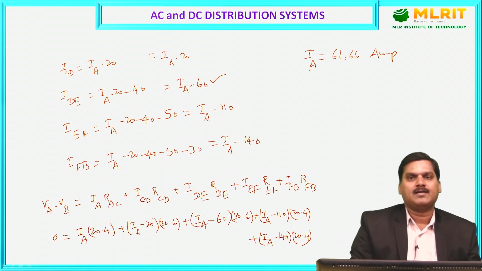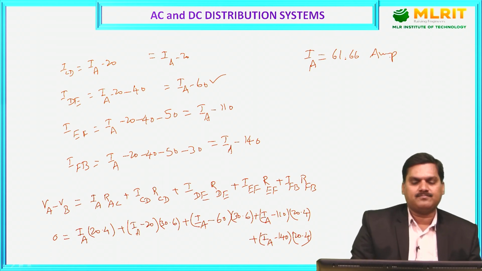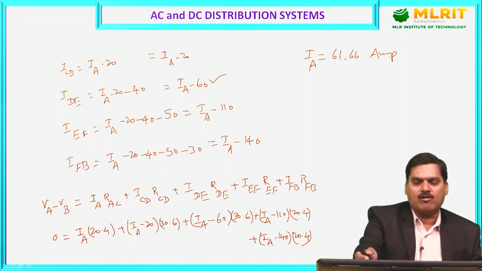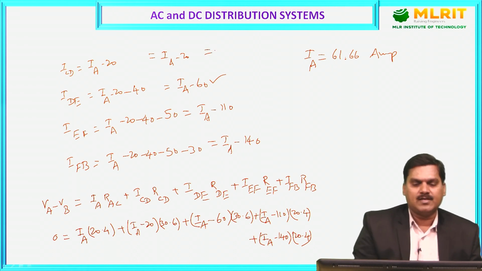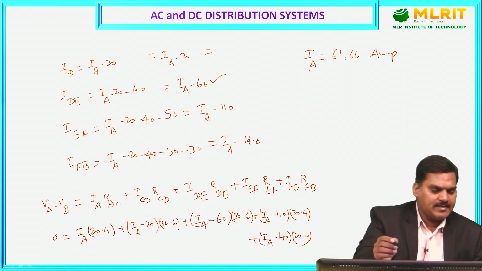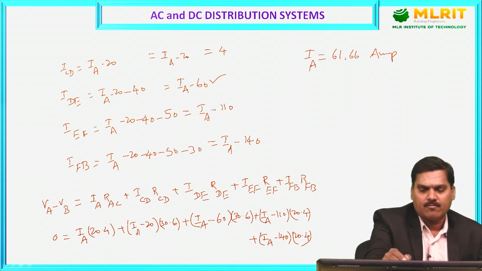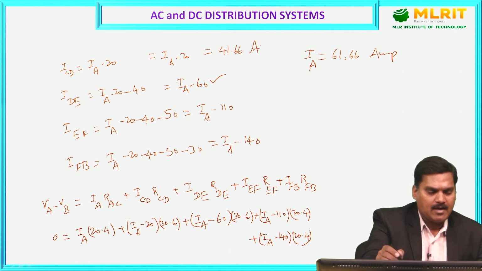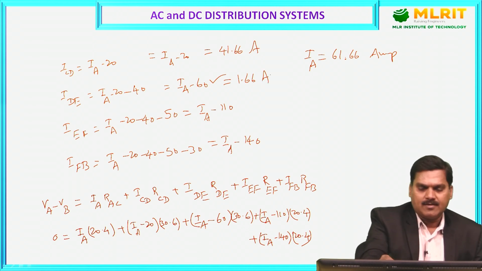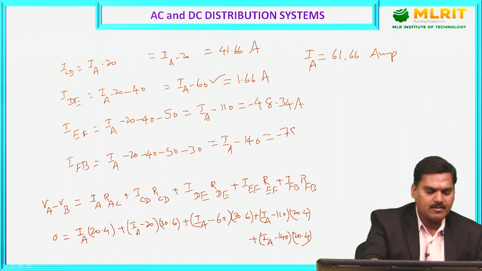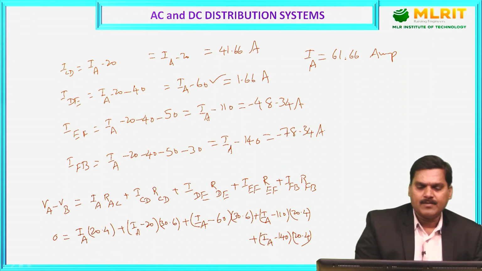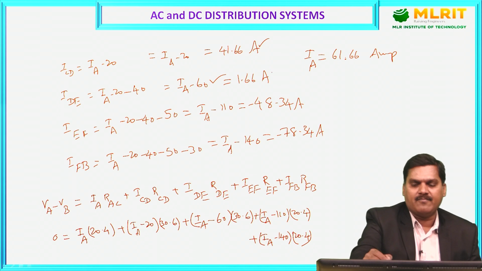So this is the current feeding at point A. By back substituting all these values, we will get ICD as 41.66 amps, and next 1.66 amps, and next minus 48.34 amps, and next minus 78.34 amps. So these are the currents in different sections.